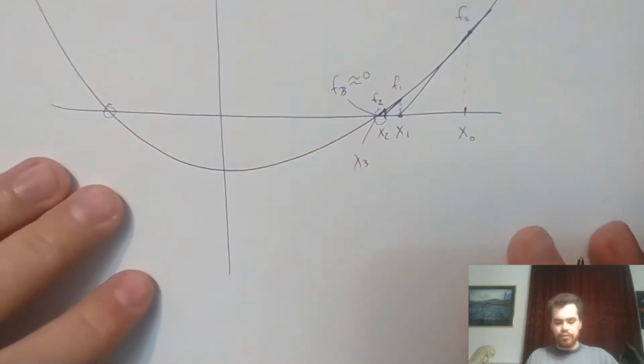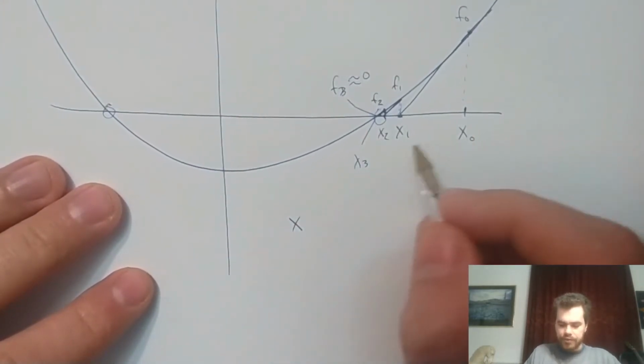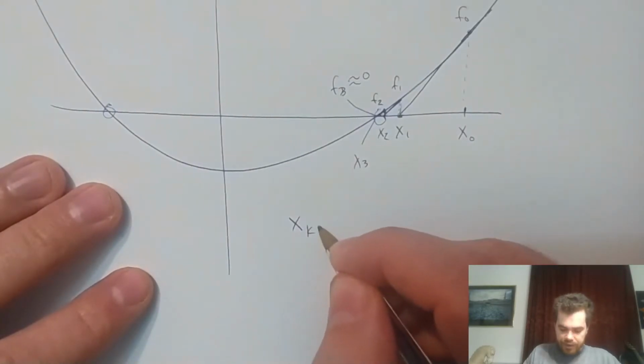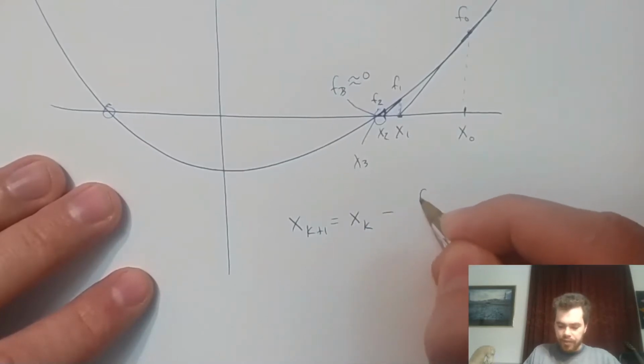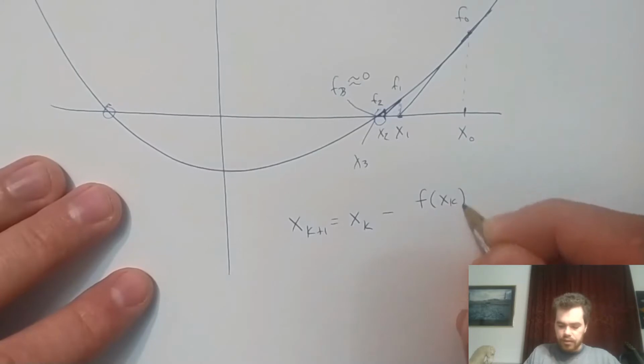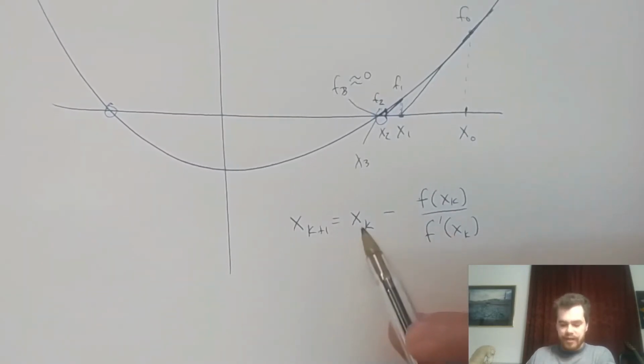The way this is written mathematically is our new x, starting from x0 or x1, whatever our next x, which I'll call xk+1, is going to be our previous x, which I'll call xk, minus the value of the function at xk divided by the derivative of the function at xk. So, in good old-fashioned algebra language, f would be kind of our rise, and f prime is rise over run, and xk is run.